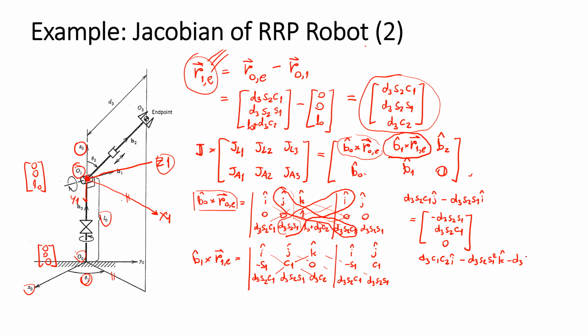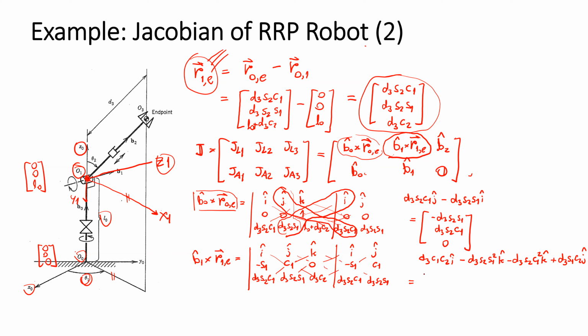D3 S2 C1 square K. This one we have 0. This one minus will be positive. D3 S1 C2 J.